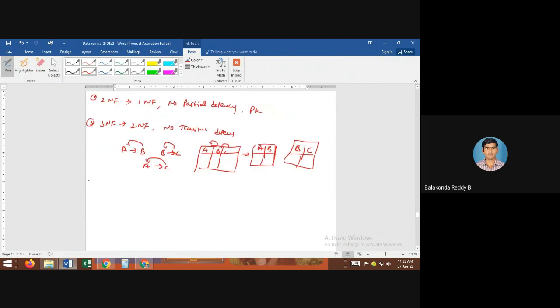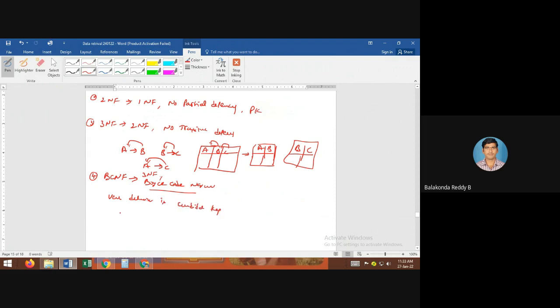The fourth one, the most important, is called BCNF. What is meant by BCNF? Boyce-Codd normal form. Boyce-Codd normal form means the table is in 3NF and also every determinant is a candidate key.